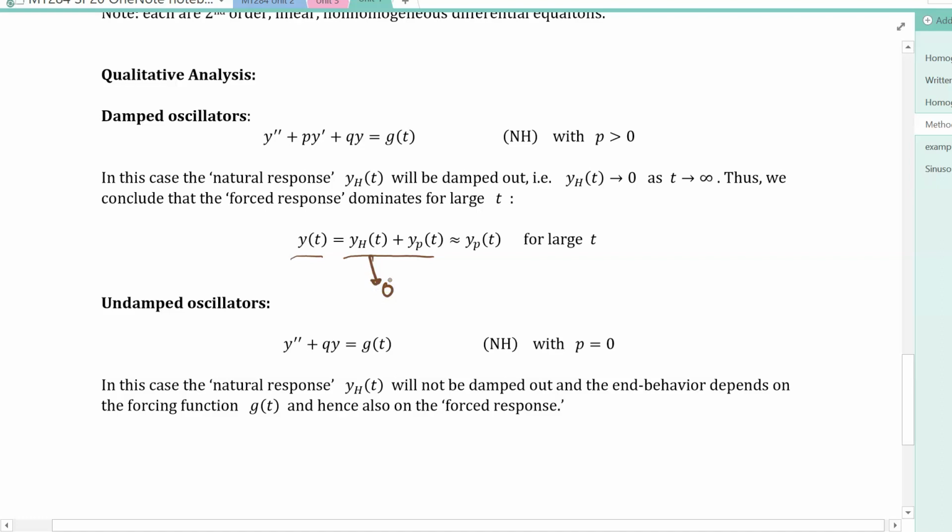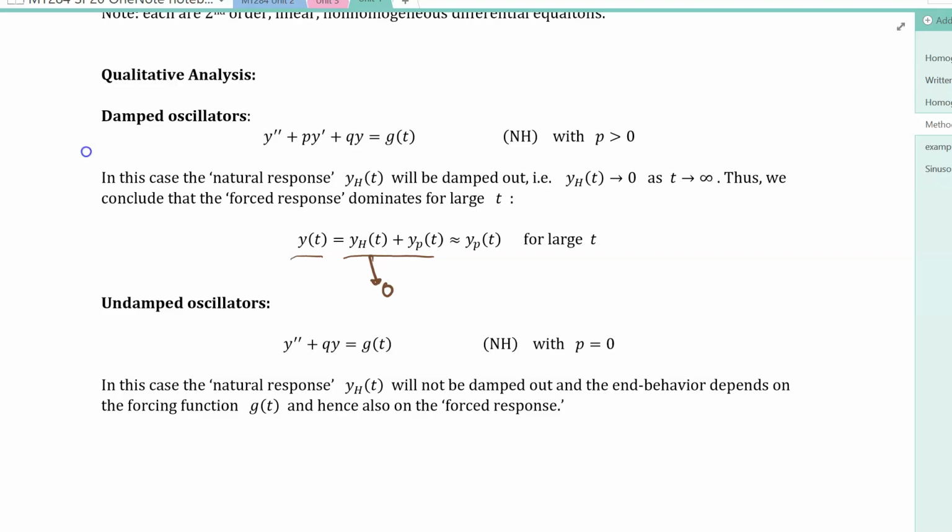Therefore, the solution as t gets large will only be determined by the particular solution. So the solution is going to be close to the particular solution for large values of t if we're talking about friction being in there, or resistance if we're talking about the RLC circuit.